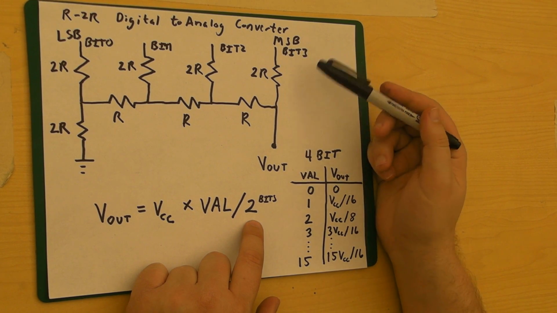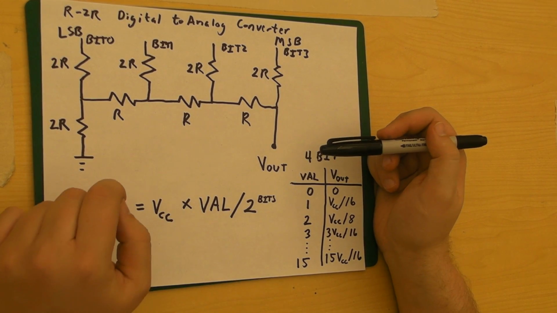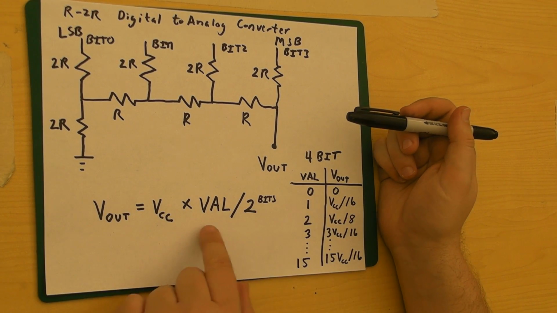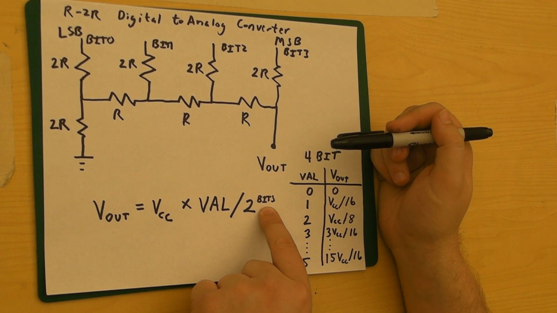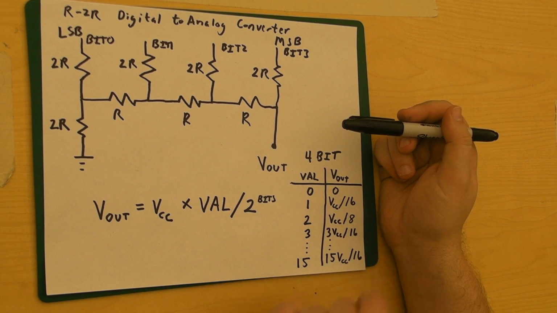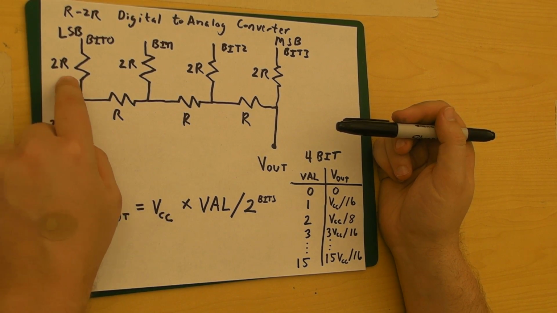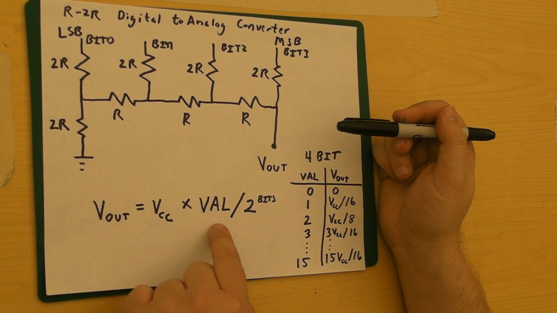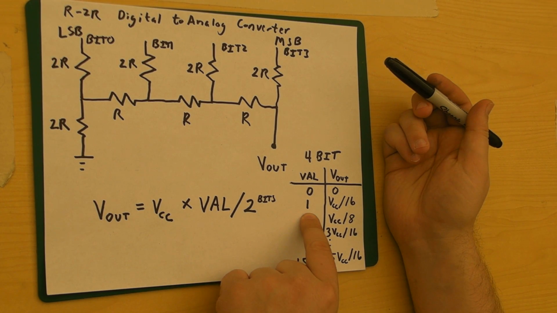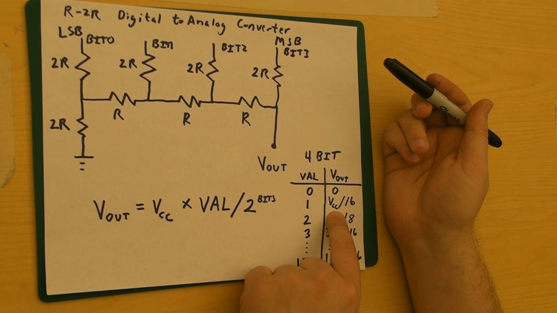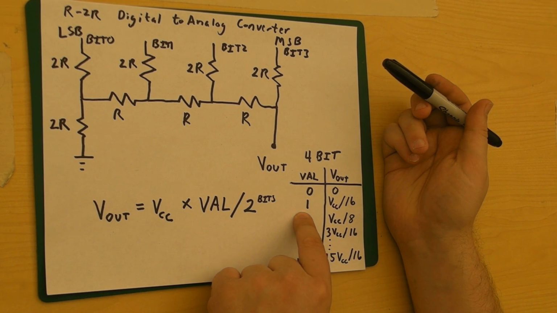So, for example, if none of the bits on the microcontroller are set, the voltage out is going to be VCC times 0 over 2 to the 4, in this case 16. V out is 0. If the least significant bit is set, then the digital value is 1. It's VCC times 1 over 2 to the 4th, which is 16. In other words, the voltage out is VCC over 16 for a digital value of 1.